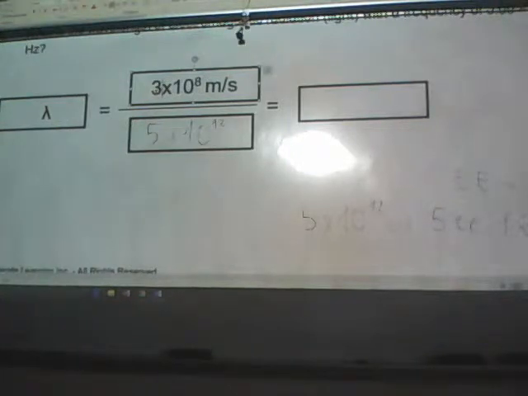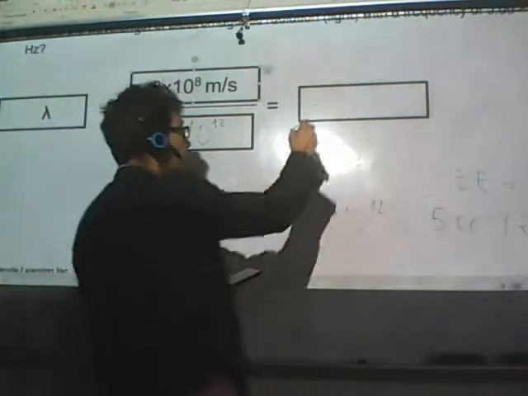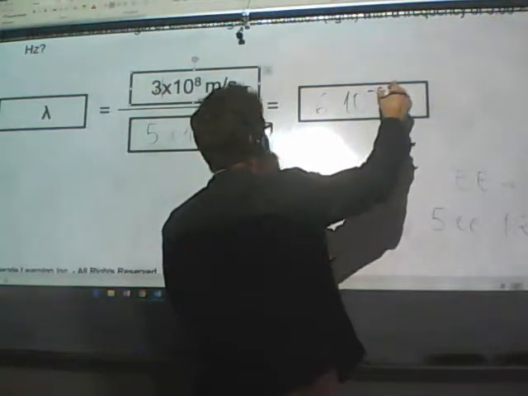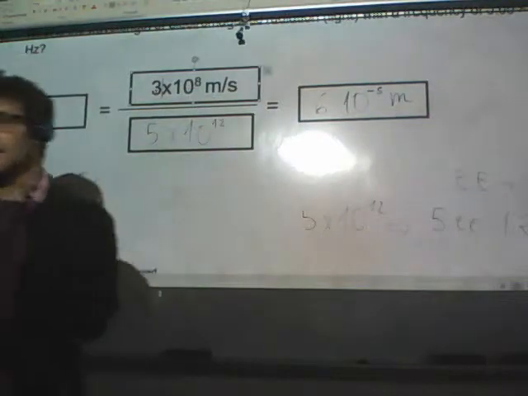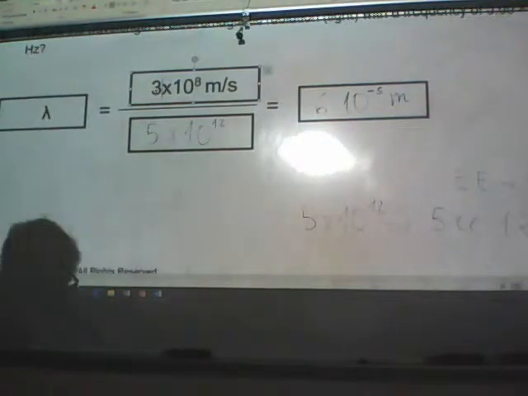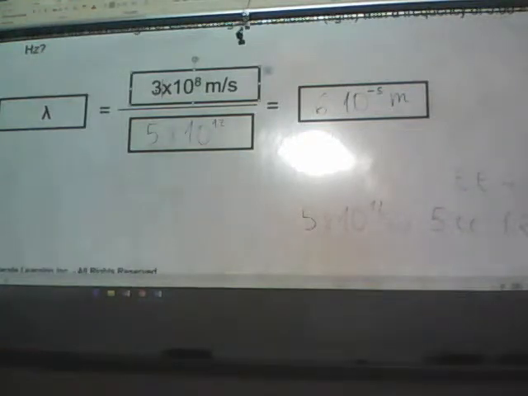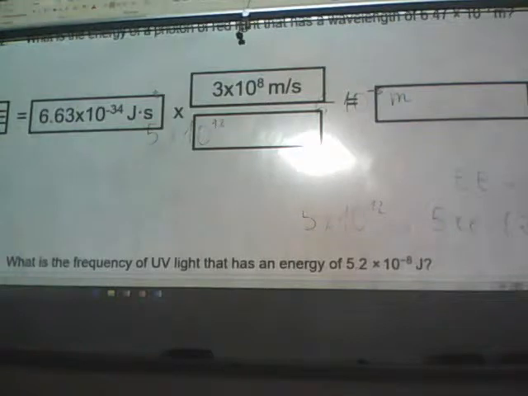So this would be 3 EE 8 divided by 5 EE 12. That is 6 by 10 to the power of minus 5. Wavelength is a length, is meters. Okay? Can I go on? 3, 2, 1. Next one.